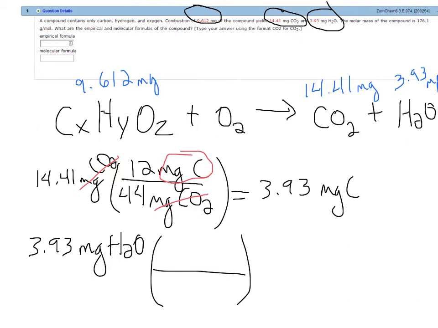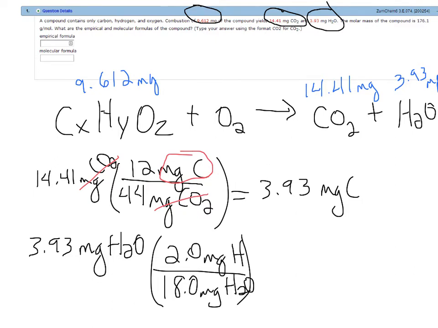Water's molar mass would be found by taking oxygen's atomic weight, 16, plus 2 times hydrogen's atomic weight. So 16 plus 1 for one of the hydrogen atoms, plus another 1. That gives you 18 for the molar mass of water. And of that 18 milligrams within water, 2 milligrams were contributed by the hydrogen.